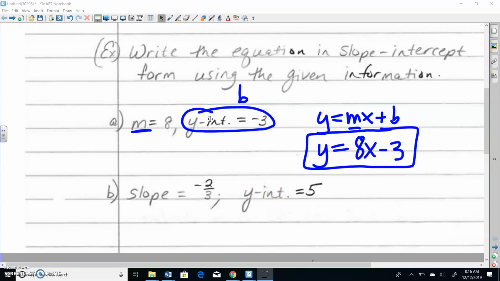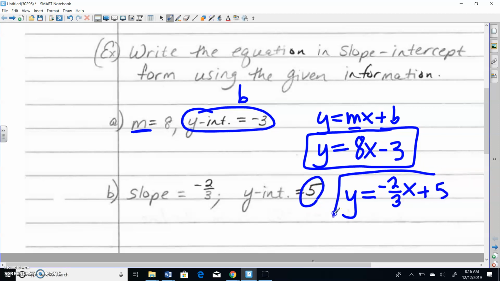So we'll write y equals -2/3 x, and make sure x isn't in the denominator; it's out to the side of the fraction. Then our y-intercept is 5, a positive, so plus 5. That's the simplest it will be when you're given the slope and the y-intercept.